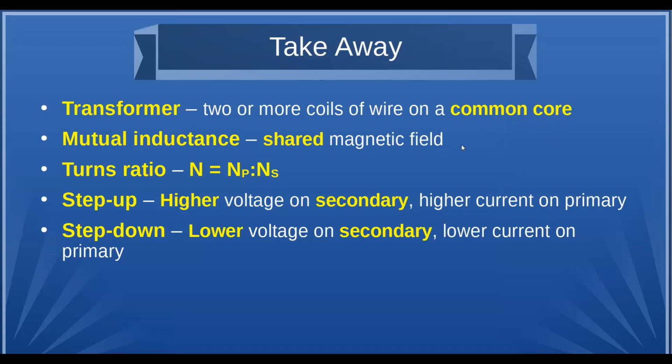They have a shared magnetic field, which is called mutual inductance. And the turns ratio is the ratio of the primary to the secondary, and it determines whether it's a step up, step down, or isolation, 1-to-1. So if you've got a step up, you have a higher secondary voltage and higher current on the primary. If it's a step down, you got a lower secondary voltage and lower current on the primary.